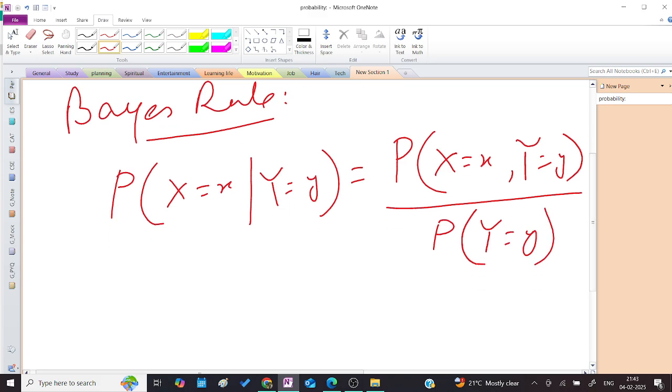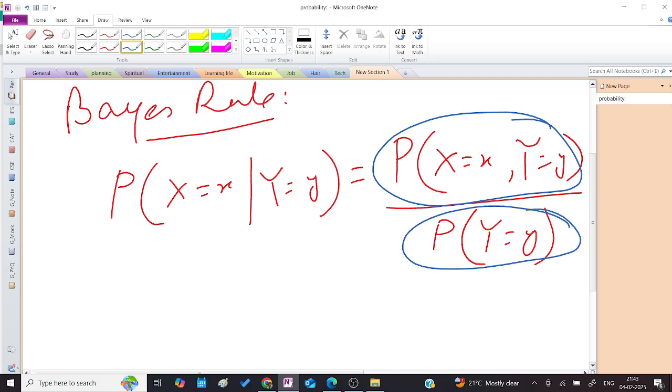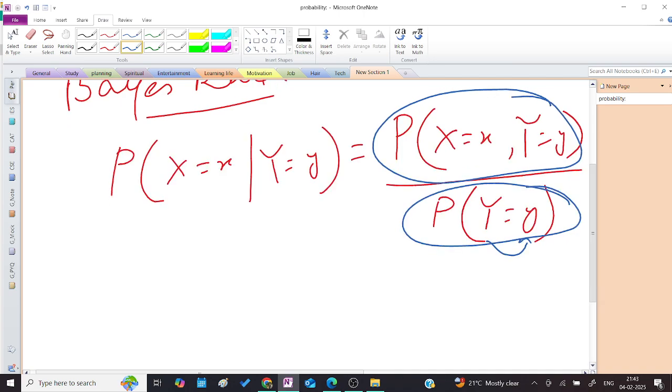Okay, so this is the joint probability you can say, and this is the probability of capital Y taking the value small y.